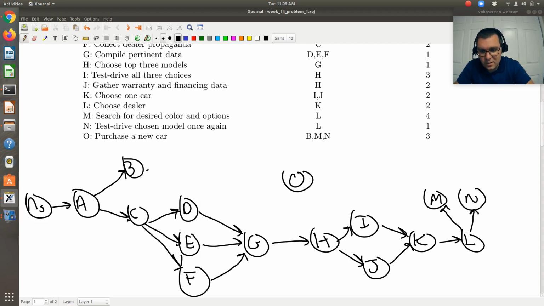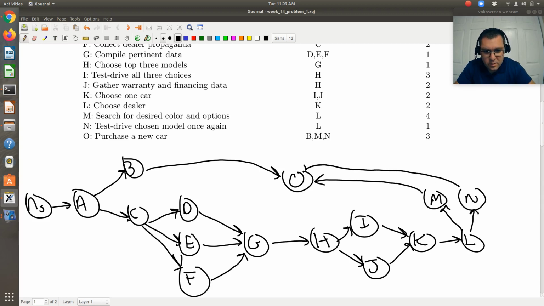O has a precedence of B. So B goes somewhere. This is nice because then all my nodes except O exit and go somewhere. So then just O will go to this terminal node.